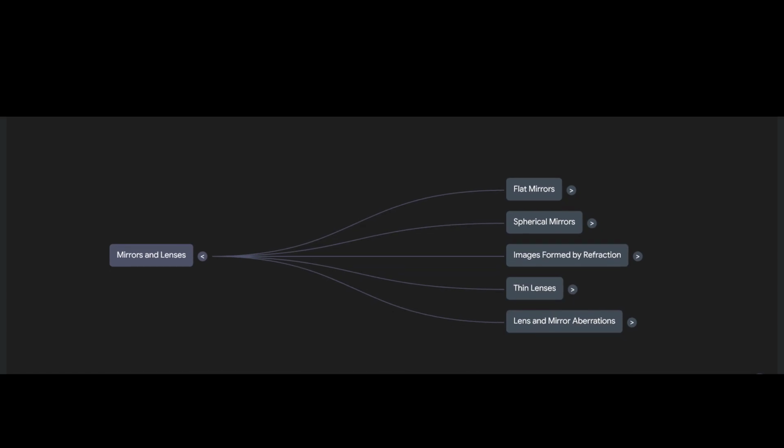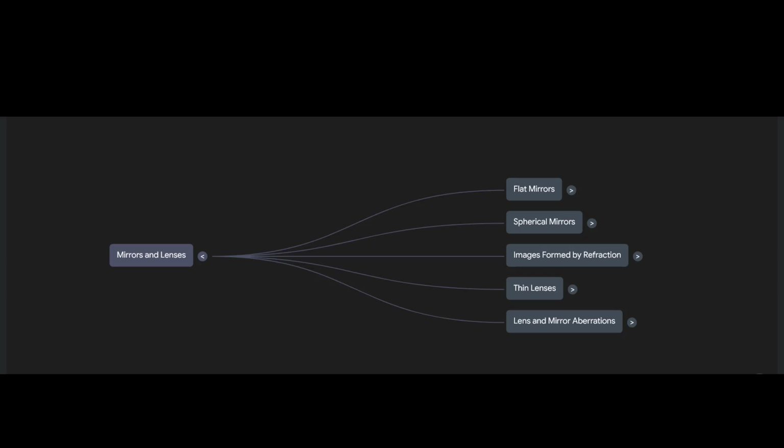We went from basic flat mirrors, reflection, virtual images, then curved mirrors, the mirror equation, that spherical aberration issue. Then shifted to refraction, how light bends, the pool example, atmospheric tricks like mirages and sunsets. Right. And then thin lenses, converging, diverging, the lens equation, which looks so familiar, and the lens maker's formula. Finishing up with those pesky but important aberrations, spherical and chromatic, and how designers try to fight them.